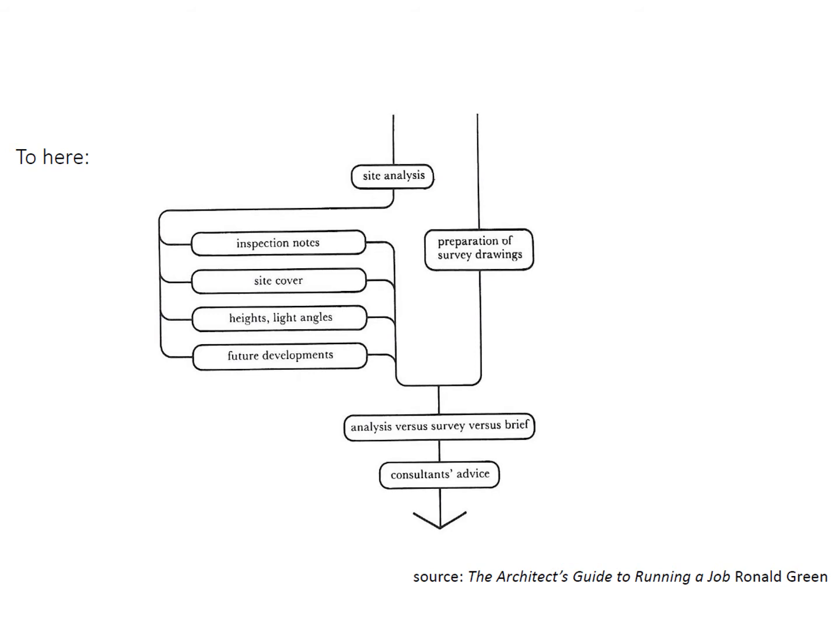We'll also maybe do some desk research on future developments that might be happening within the site or in the vicinity of the site. So from that you'll prepare site survey drawings, and then from this point you'll put all that information together to analyse the survey versus the brief and continue then on for consultants' advice if required.